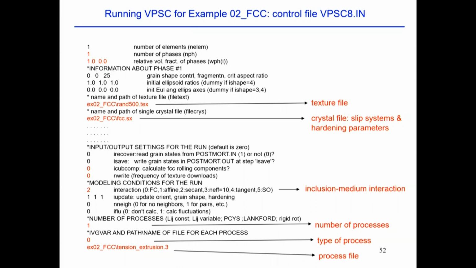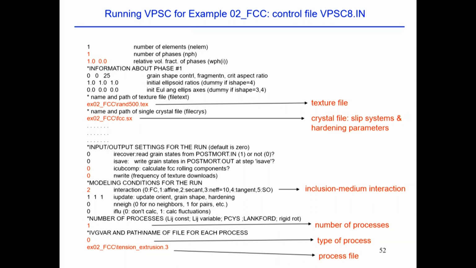We are going to go over these capabilities in the examples. So the driver file for the code is bpsca.in. This file declares what files are going to be read, and what the conditions and parameters of the run are.